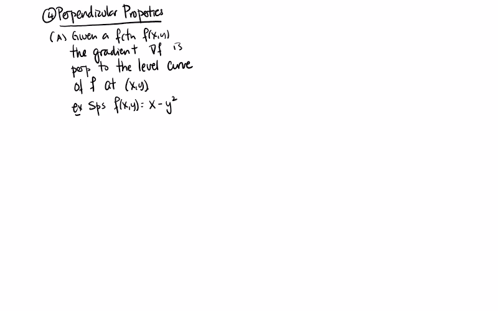And let's look at a particular point, say the point 2, 6. Now, if I plug this in, we get 2 minus 6 squared, which is negative 34. So what this means is that the point 2, 6 is on the level curve of when this is equal to negative 34.